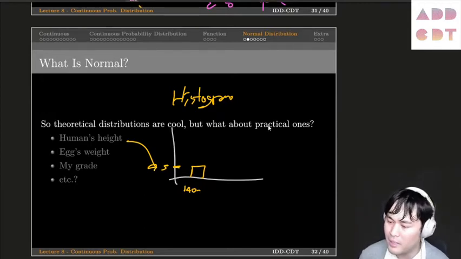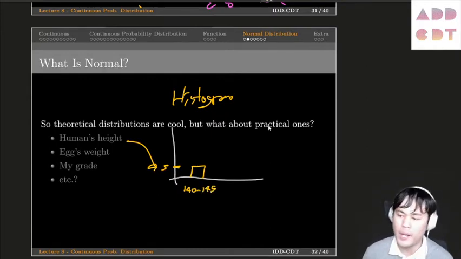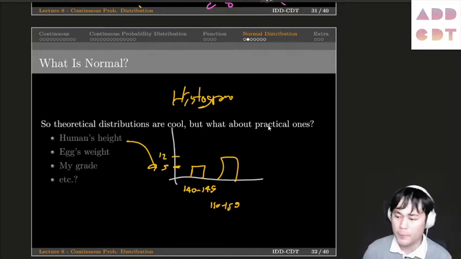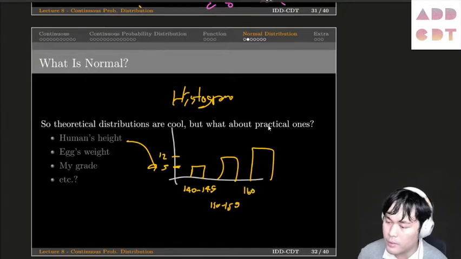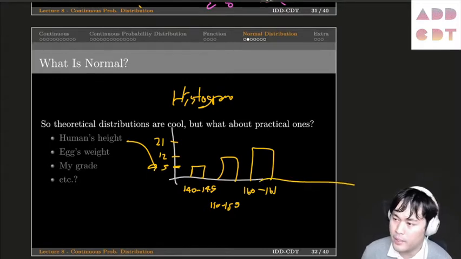Actually, let me make the range 140 to 149, and the next one 150 to 159. Maybe there are more, like 12. And then the next bar would be 160 to 169. Maybe that's 21, and we just repeat that until we run out of people.